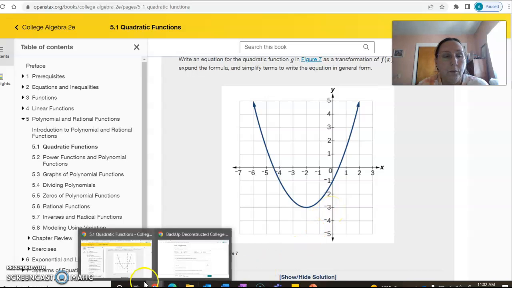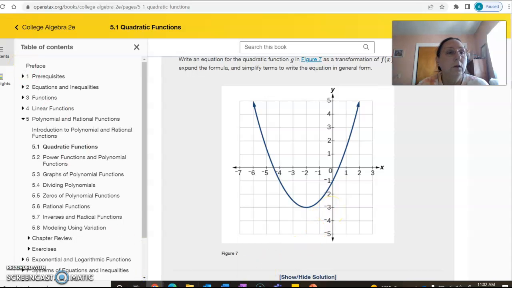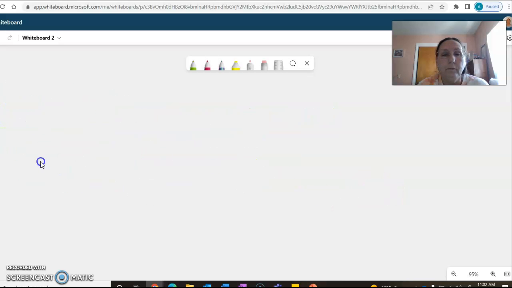So we're going to write that down. That's a bit of information that we're going to need. So our vertex for our equation is the point -2, -3.